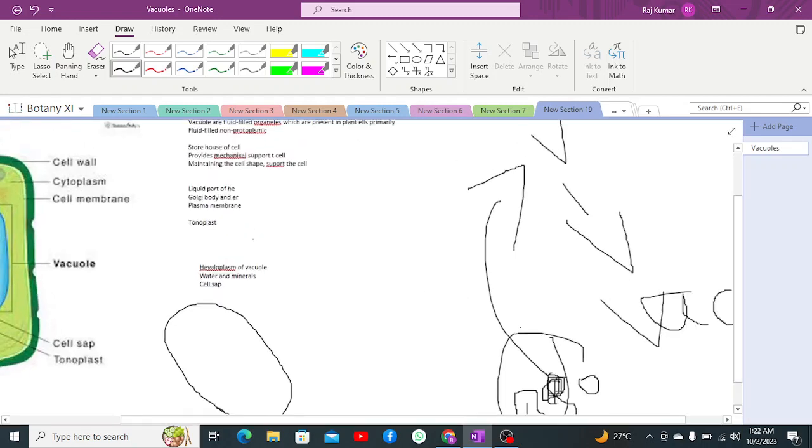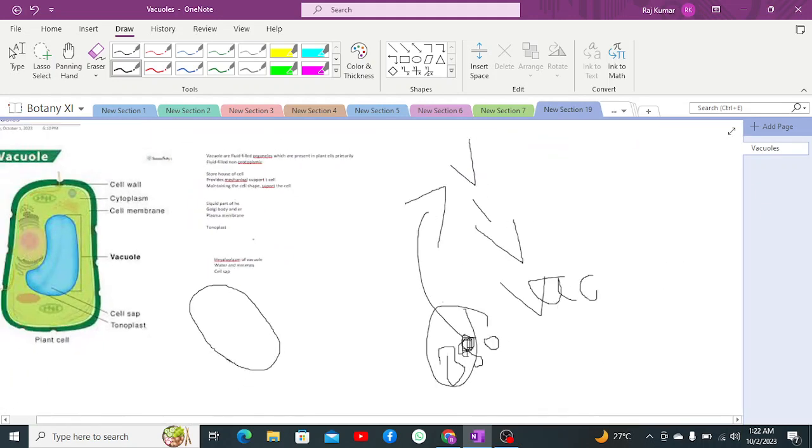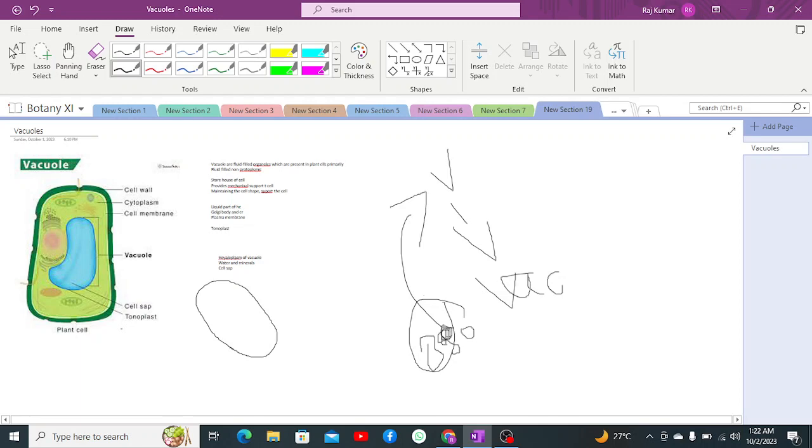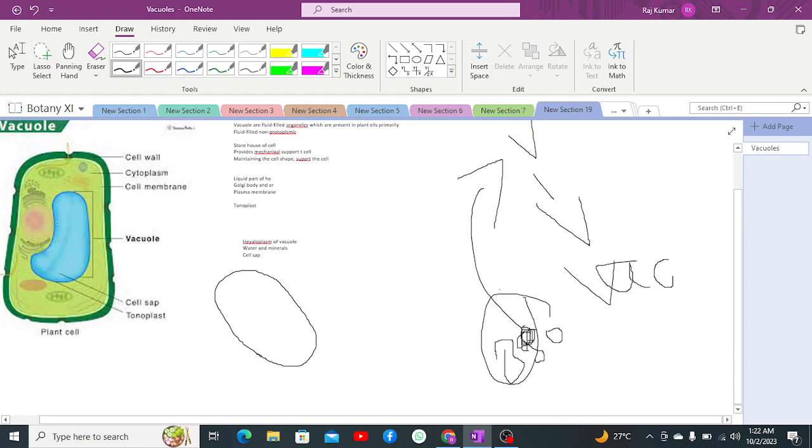Apart from which, when it comes to turgidity, how does it maintain the turgidity of the cell? This is a cell in which there is a vacuole, and that vacuole, present in the center of the cell and larger in size, exerts pressure over the cytosol of the cell.